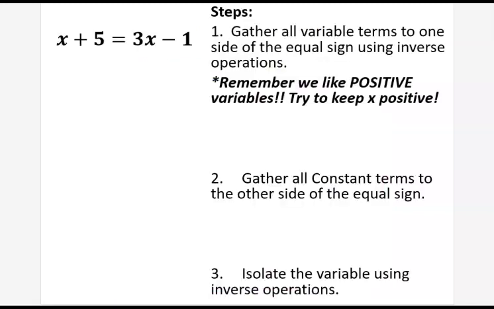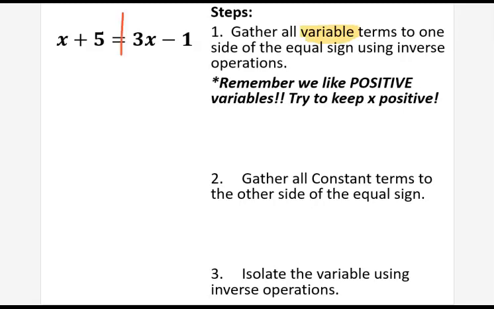All right, so now we're actually going to dive in and solve a problem here. So on this right-hand side, I have your steps. These steps will help you figure out everything that you need to know to solve any problem that has variables on both sides. The first thing that we are going to do is gather all of our variable terms to one side of the equation.